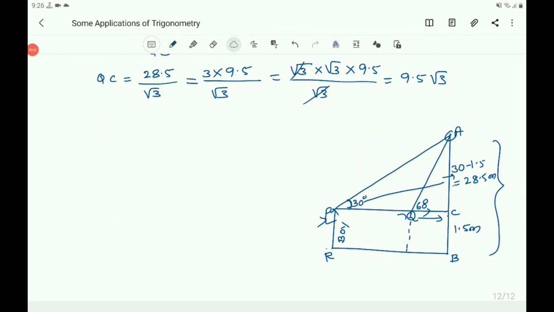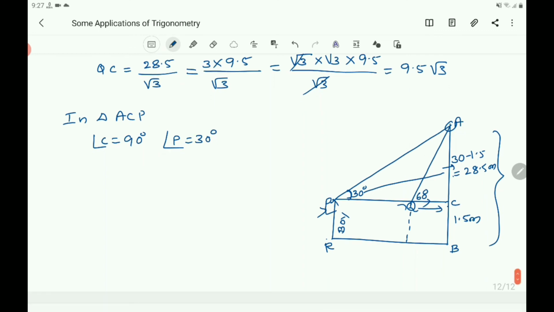You got QC. Now you find PC. Here PC is to be found. So to find PC, take the right angle triangle ACP. In triangle ACP, angle C equals 90 degree and angle P equals 30 degree.